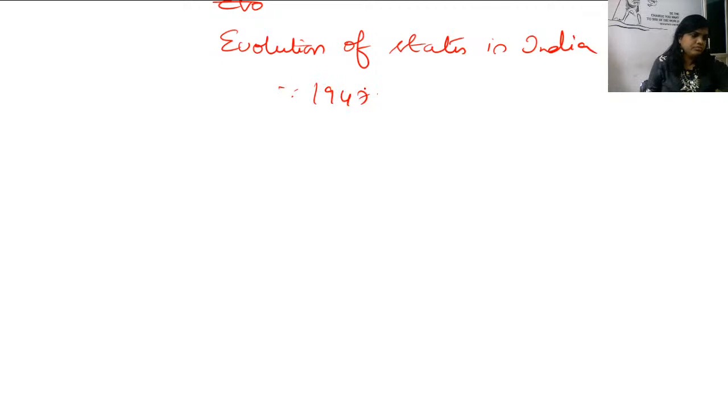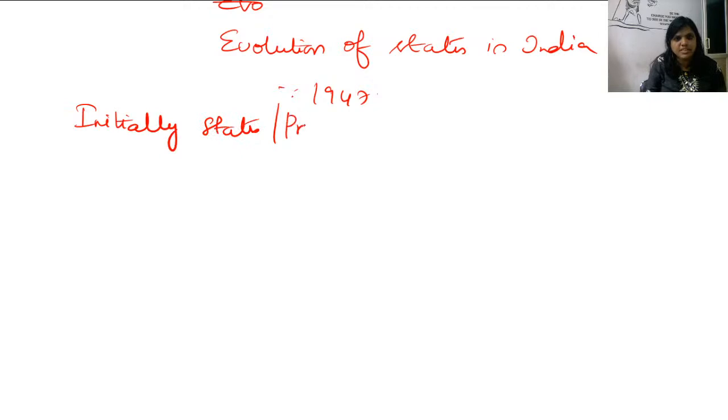Evolution of states in India since 1947. Initially, the presidencies we had were Fort William in Calcutta, and even today you can see the Fort William area.